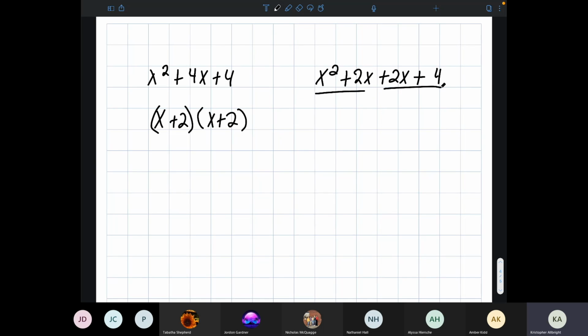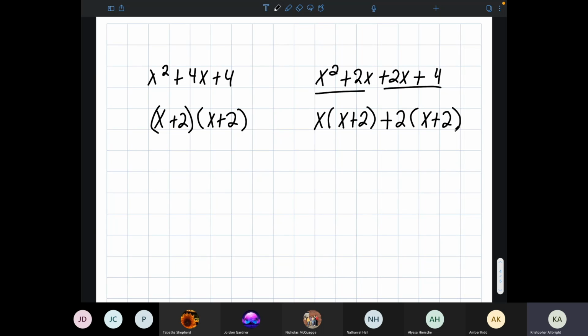We pull anything that we can out of the first 2, and anything we can out of the second 2, and turn it into an addition problem. So if I pull everything that I can out of these first 2, I end up with x times x plus 2. And then I have a plus because they are added together. And maybe I pull a 2 out of these second 2 numbers. So we end up with x plus 2.